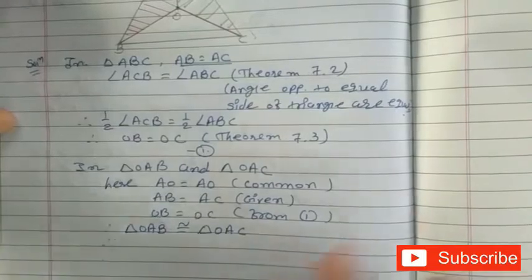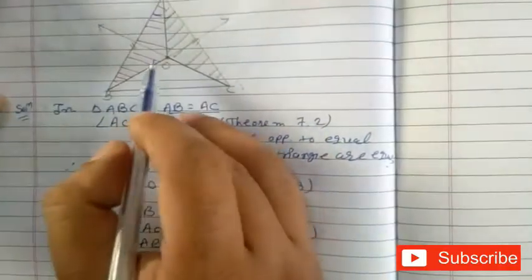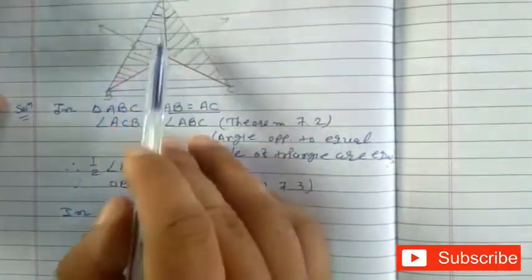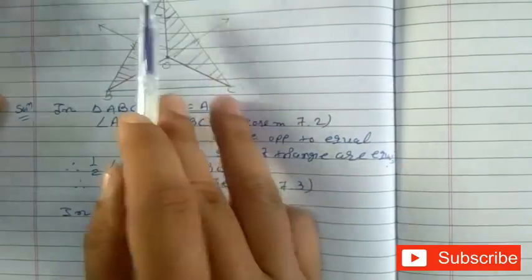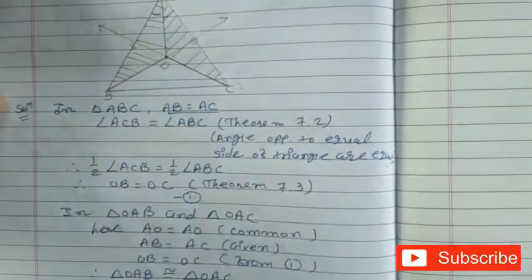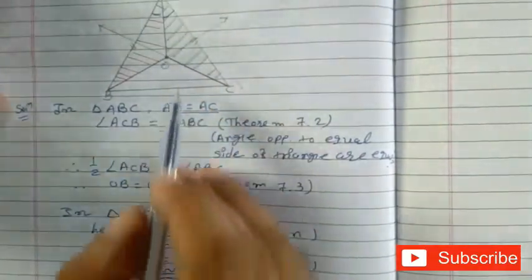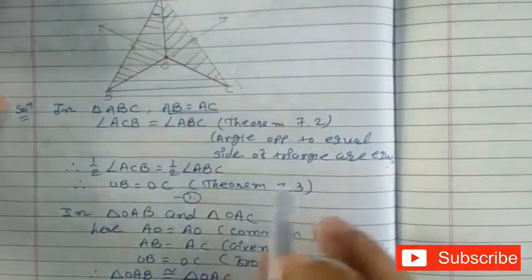Therefore by CPCT we can say that AO bisects angle A. Why?